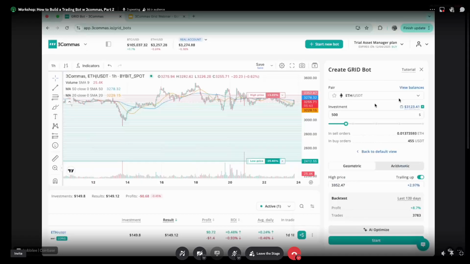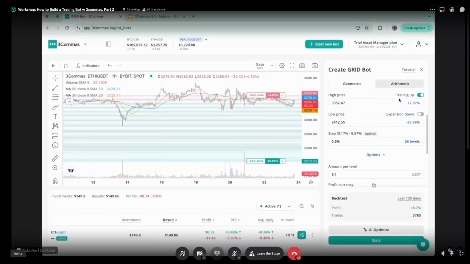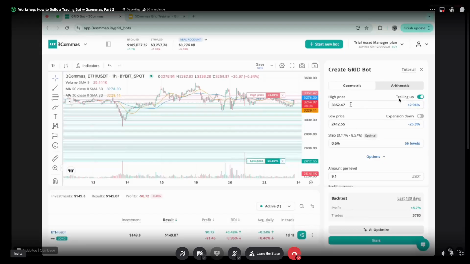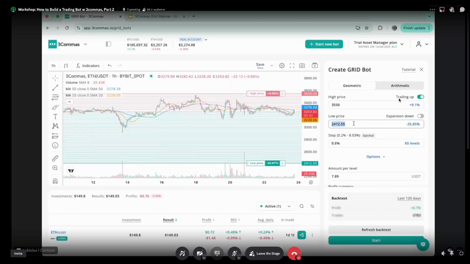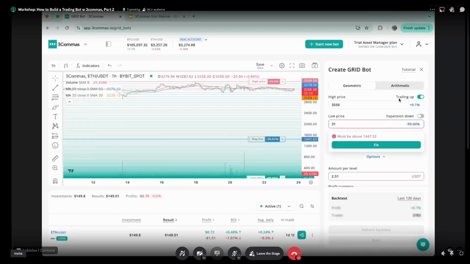But let's go to customize and open the options as well. What I said is that I had a high price like this, a low price like this, and of course you can see that it's dynamic.